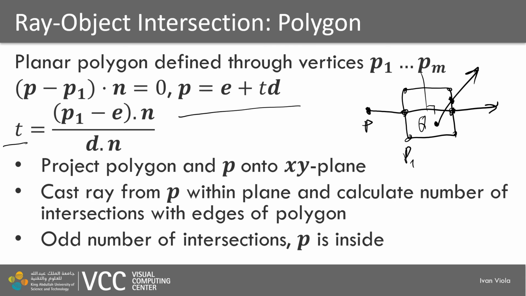So hopefully there will be some area in the projected polygon, and it will not be collapsed into a line. And then we also project the point.